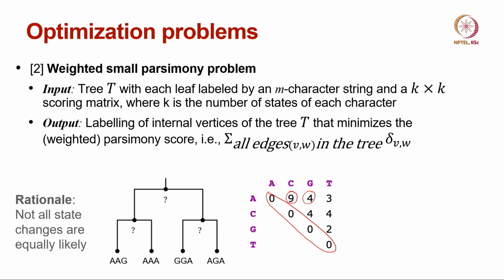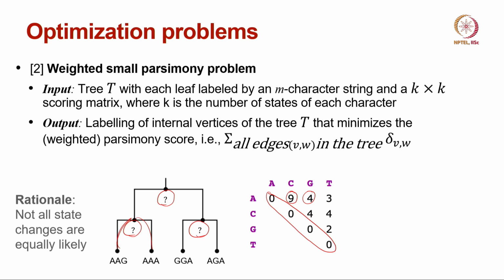Now, with these weights we can again ask for a tree that minimizes the weighted parsimony score. That is, we have to find the labels of these internal vertices such that we minimize this weighted parsimony score, where the weighted parsimony score is calculated by looking at all the edges of the tree and counting the character state changes.